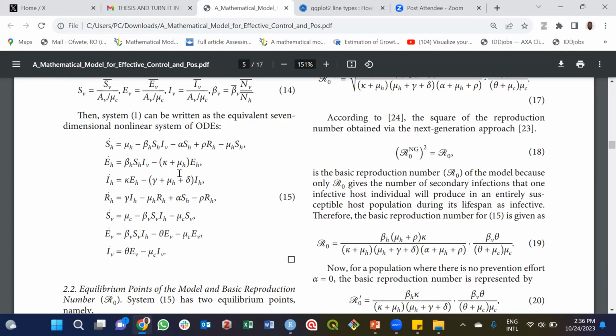And then here we have the deaths mu in the exposed, plus this is probably the transition to the infected. And if it's the transition to the infected, because it's a minus of E_H, it will now come here, contributing to the infected. And here the gamma is probably recovery, we'll see.